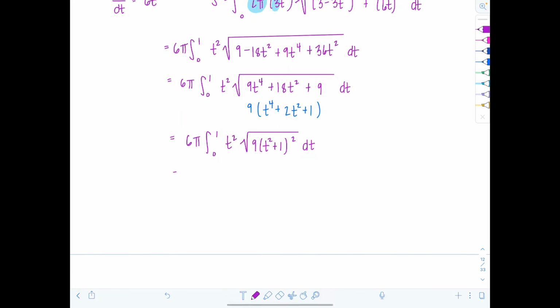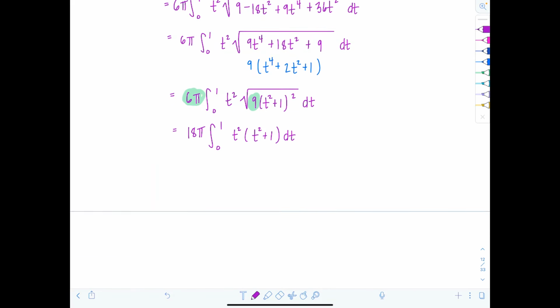So then we have here, this is going to be a 3, right? With my 6 pi, that means I've got an 18 pi out here, 0 to 1. And then I have t squared times t squared plus 1. It's not squared anymore. I took the square root. Very lovely.